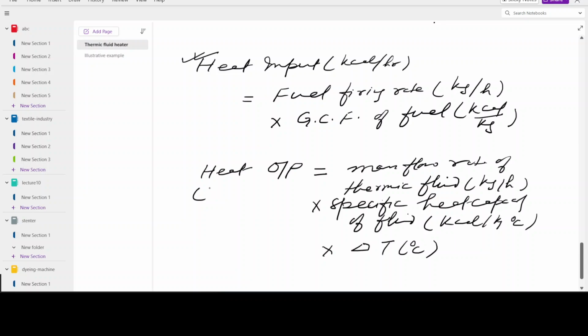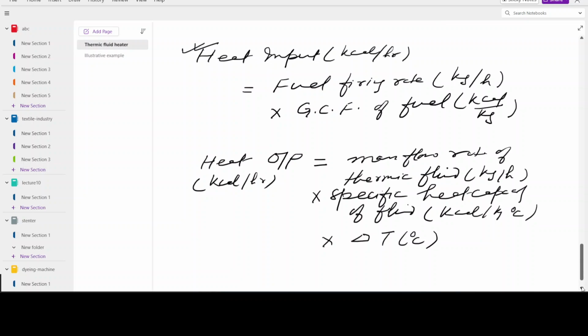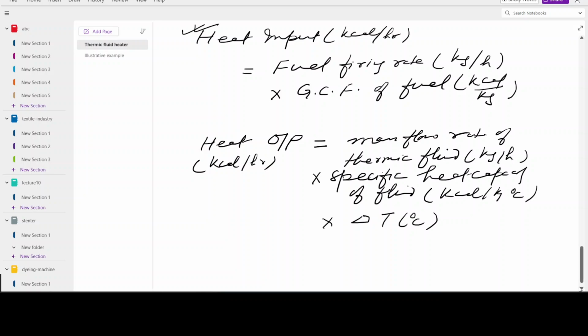So its unit will be kilocalorie per hour. Now we have heat output, heat input, and so we can find out thermic fluid heater efficiency. With this information, we can find out thermic fluid efficiency.